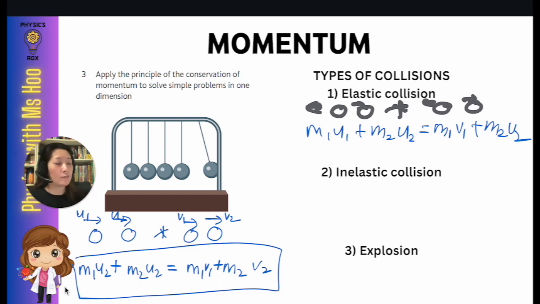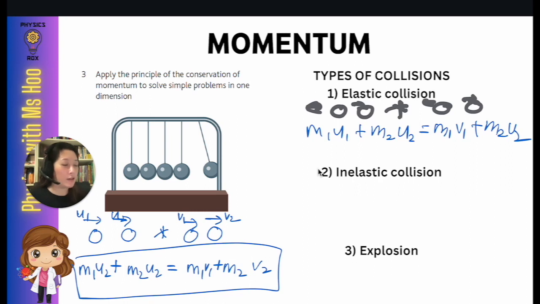Another thing that you must remember about elastic collisions is that the kinetic energy should be conserved before and after collision. I say should be because that's only true for true elastic collisions. So there are some collisions where the kinetic energy is not conserved. Those are not considered true elastic. But anyway, you don't have to worry about that for IGCSE.